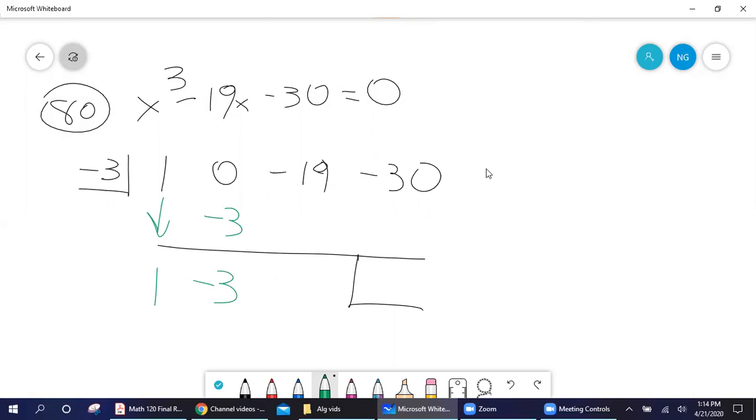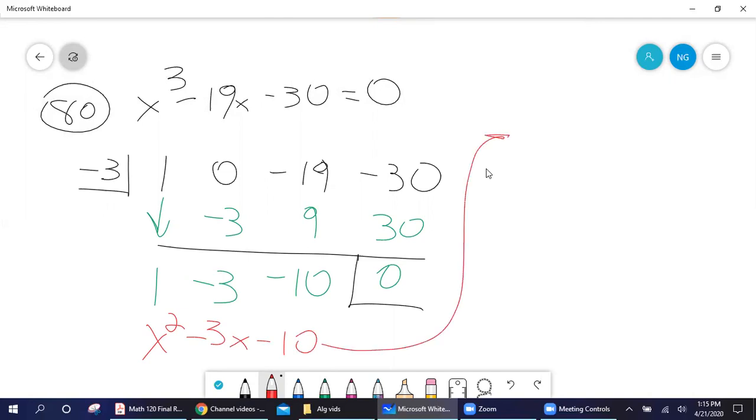So as I work through this, yes, I do get a remainder of 0. That's good. This now also wants me to find the other solutions. I've just taken this from an x cubed down to an x squared. So this is 1x squared minus 3x minus 10.